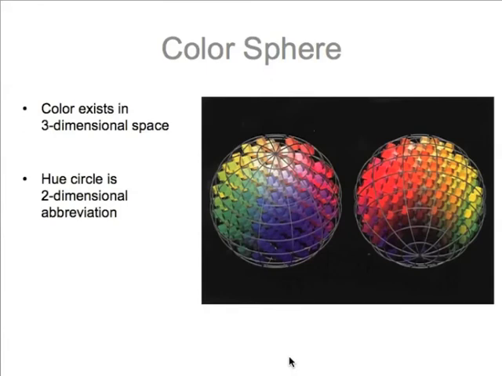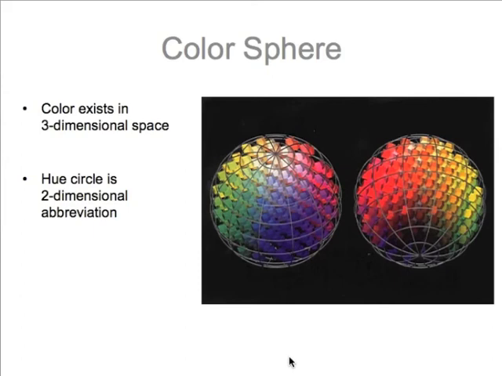One more thing to understand about color is that it does exist in a spatial understanding. A color circle, a hue circle or color wheel, however you want to term that geometric device, is a two-dimensional systematic arrangement of color. Color exists in 3 dimensions.